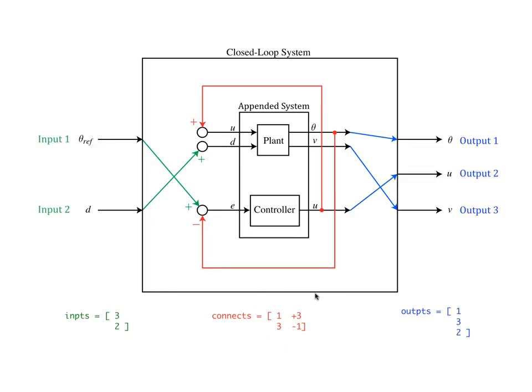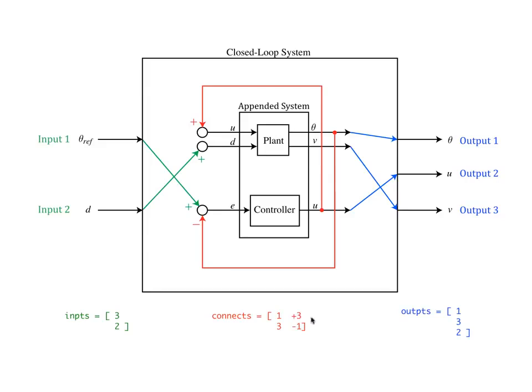Here it is. The first column of this matrix is special. It's special, first of all, in the sense that each element in the first column needs to be a strictly positive integer. These elements indicate the numbers of the appended system inputs to be connected to.